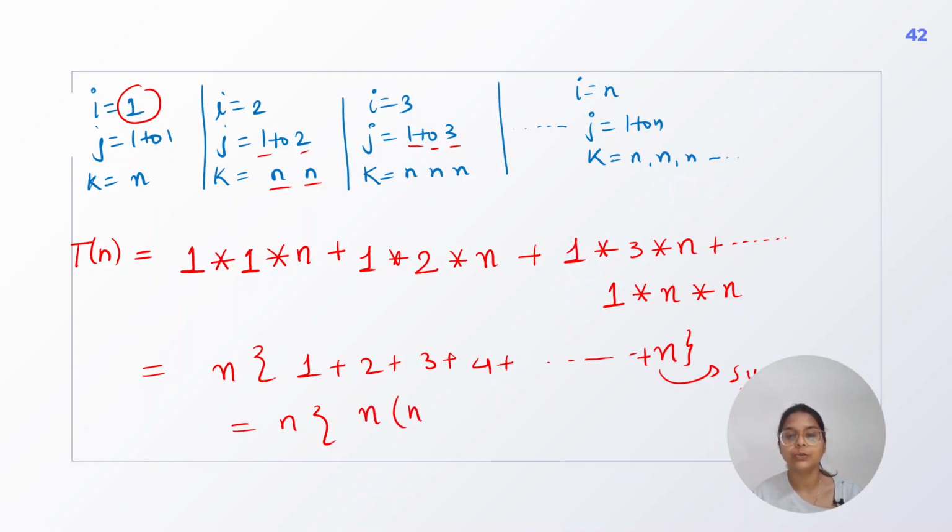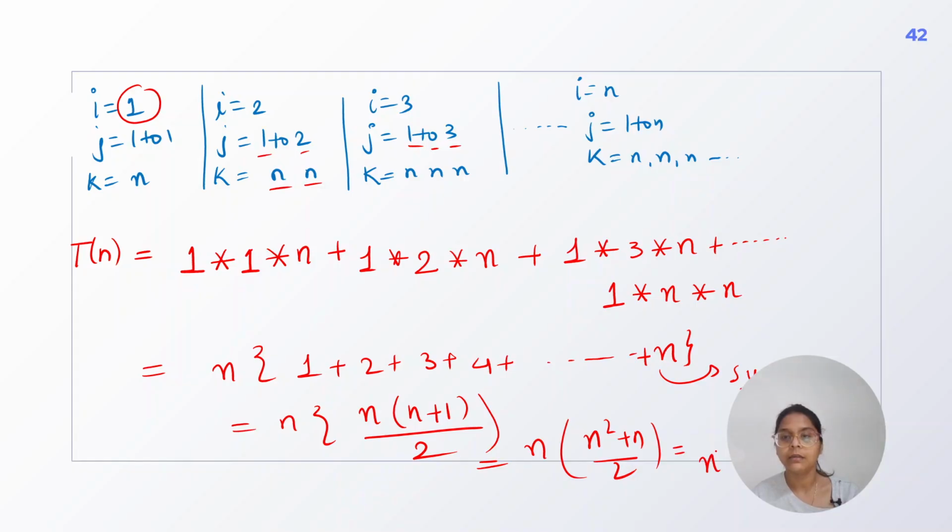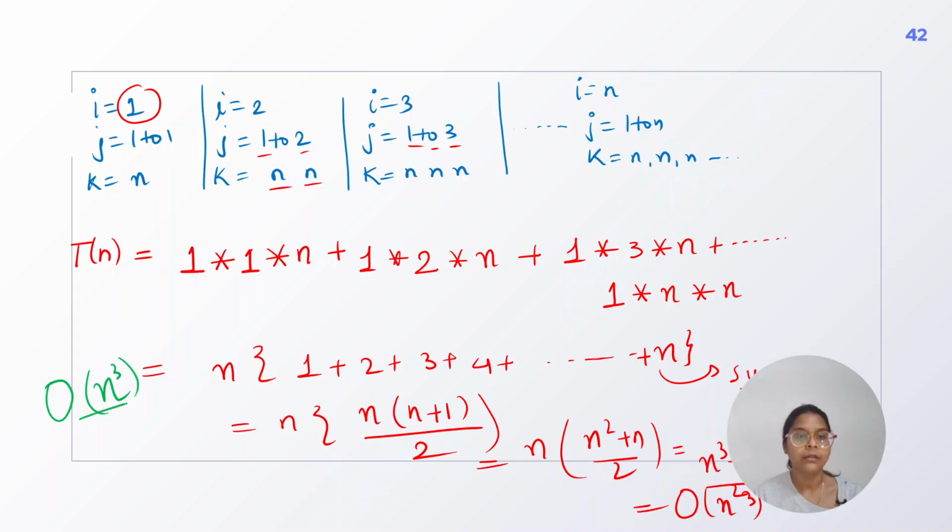The sum of n natural numbers is n into n plus 1 by 2. You can see it as n square plus n by 2, and with the extra n it becomes n cube plus n square by 2. The worst case from both of these will be order of magnitude, you can write n cube. So the time complexity for this iterative program will be order of n cube.